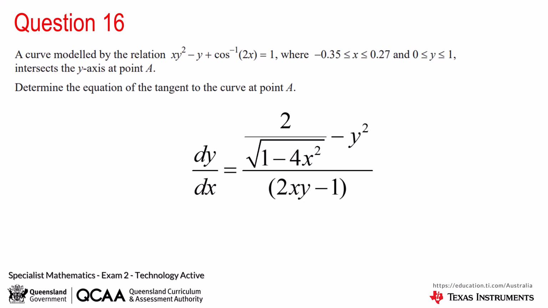What we need to do then is substitute x equals 0 into our expression for dy/dx, and also our y value, which is 0.5707, and that should give us a measure of dy/dx at the point A.